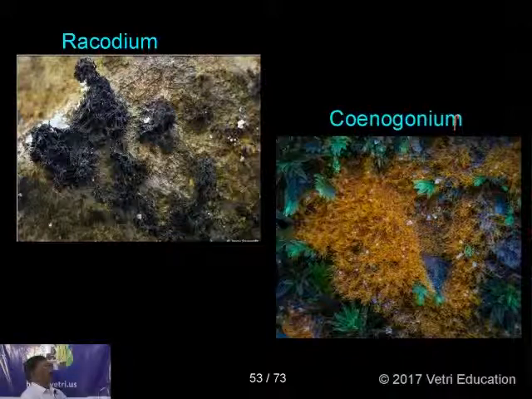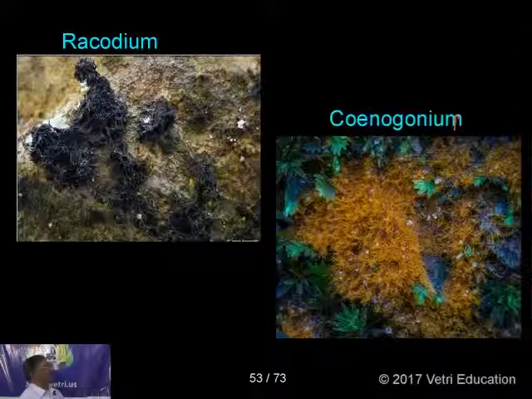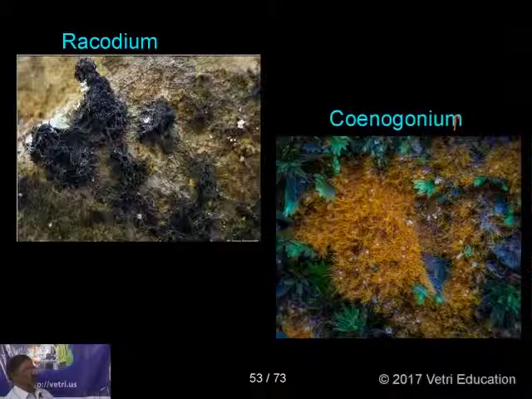Here you can find this filamentous one, Racodium, and Cystocoleus. This is another lichen that is a filamentous type. If you see very clearly, you can find some small filament-like structures associated here.